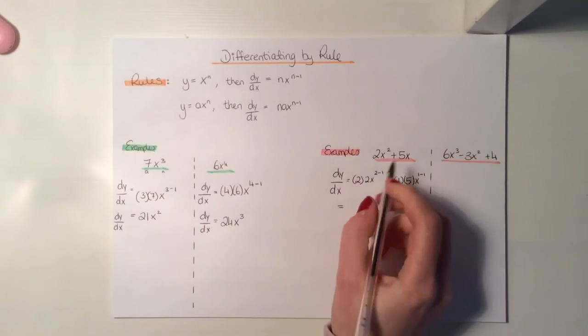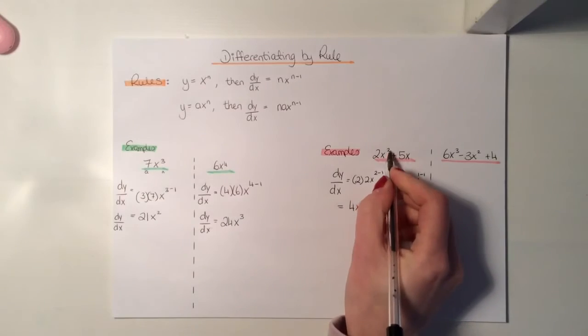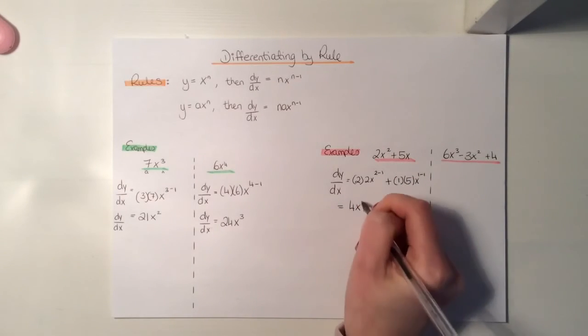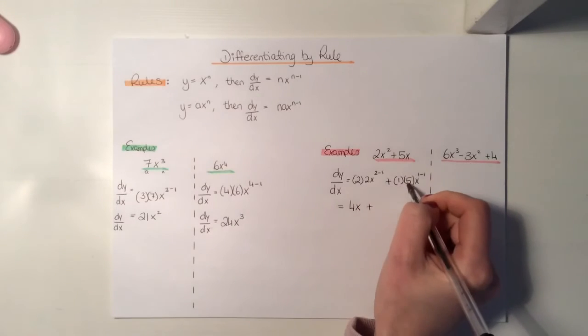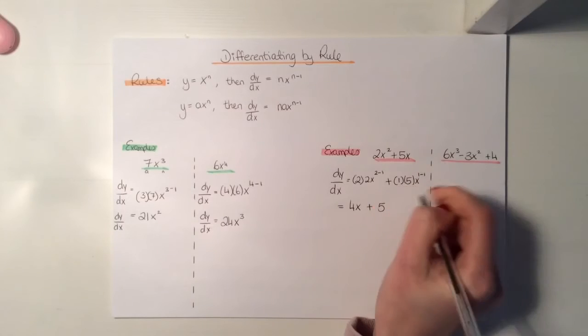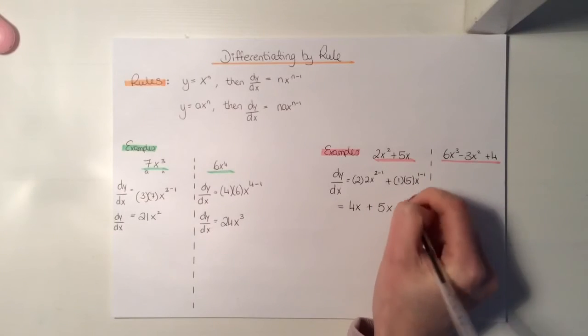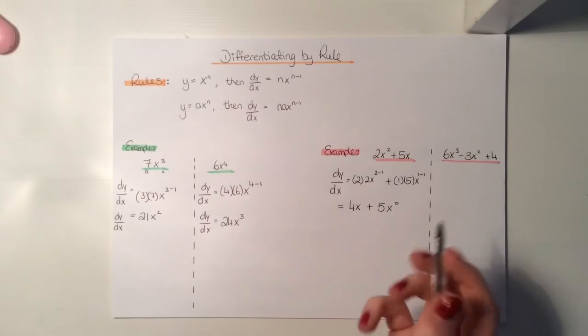So this equals 2 times 2 is 4, 2 minus 1 is 1. So you're left here with 4x to the power of 1. Plus power of 1 times 5, so 5 times 1 is 5. x, 1 minus 1 is 0. Now from your indices, anything to the power of 0 is always 1.